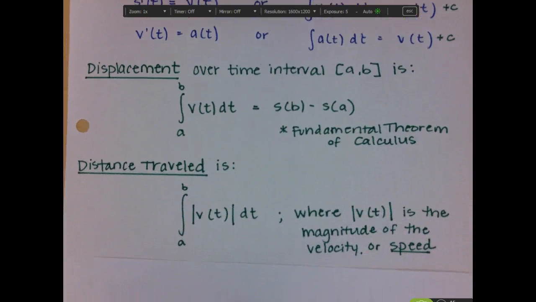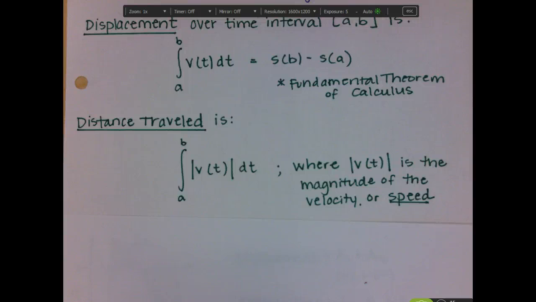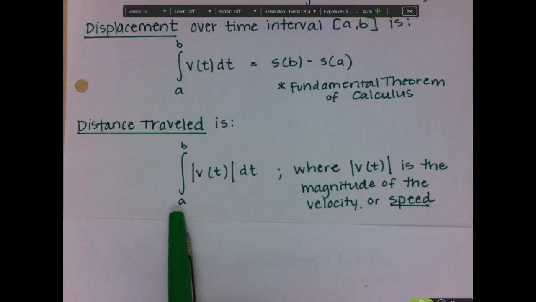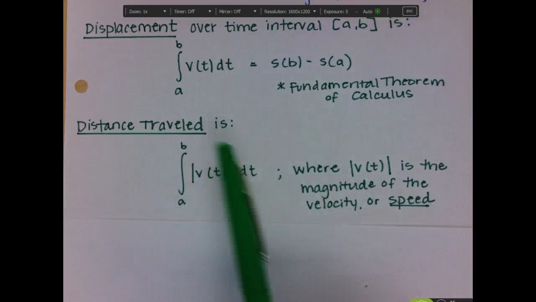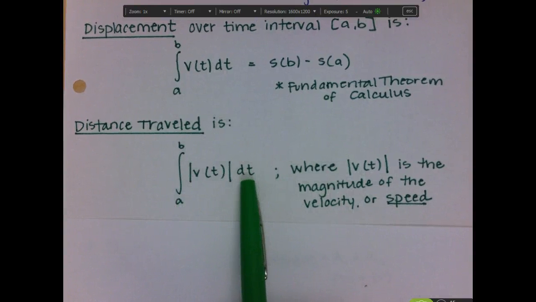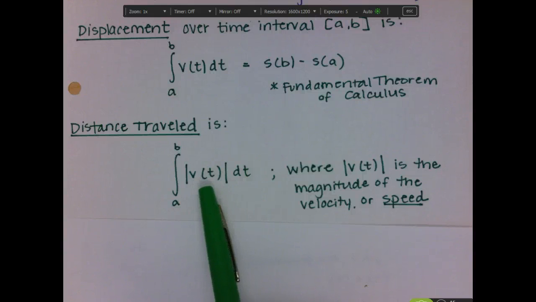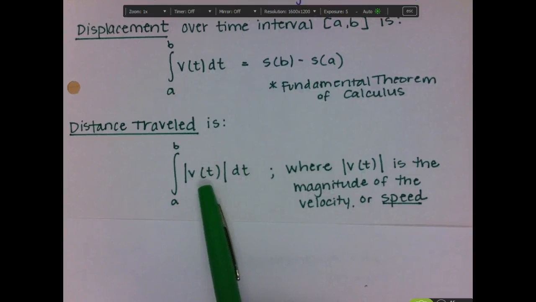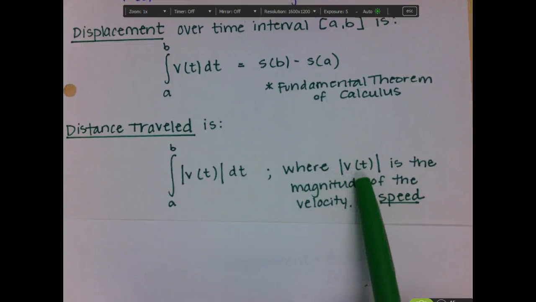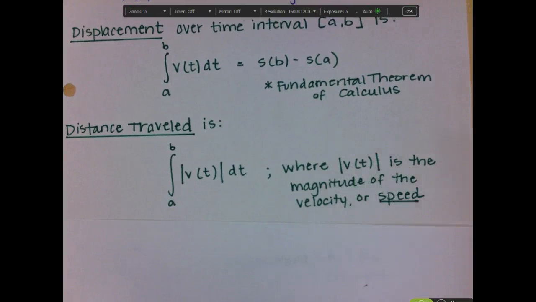Let's take a look at the definition of distance traveled. So here, what you're seeing is a very similar formula where we are integrating the velocity function over the time interval from A to B with respect to t. However, here you notice those absolute value symbols, where the absolute value of velocity is defined as the magnitude of the velocity or the speed.